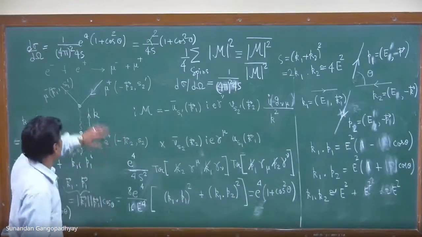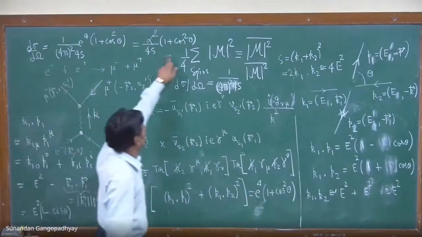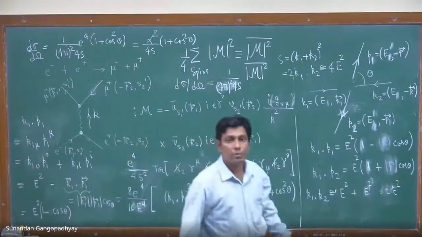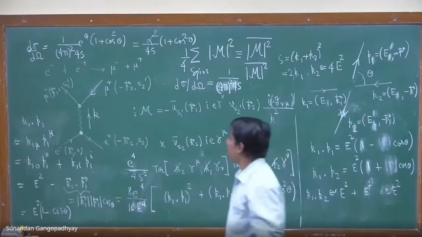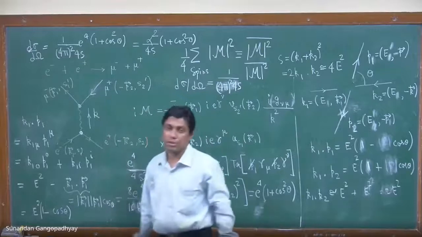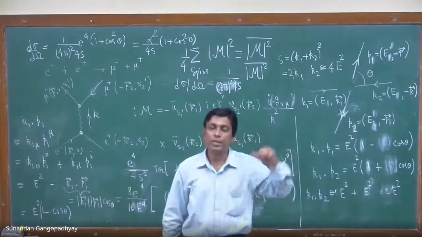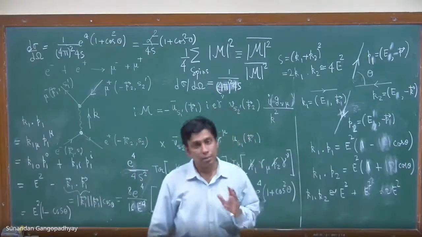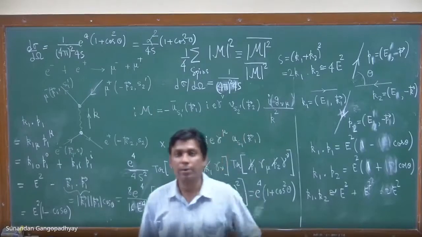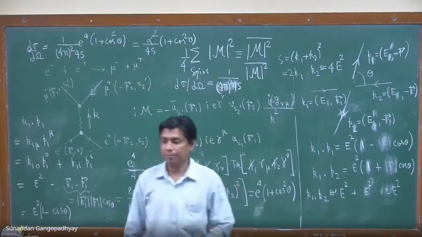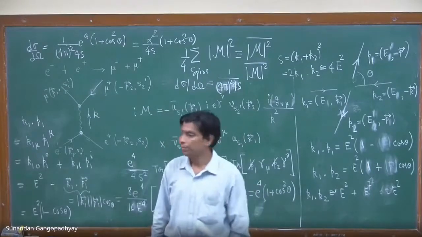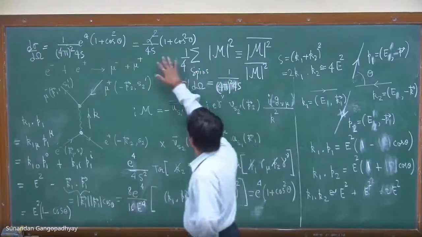If you just do that, this will be the formula that you get for the differential scattering cross section for this inelastic scattering process. And you know that the differential scattering cross section is a measurable quantity that experimentalists measure in the laboratory. So this is a measurable quantity.